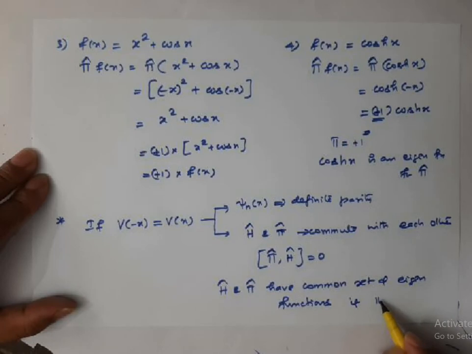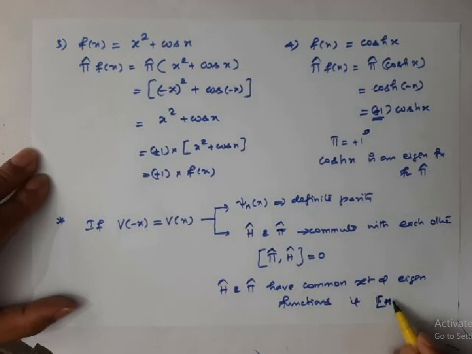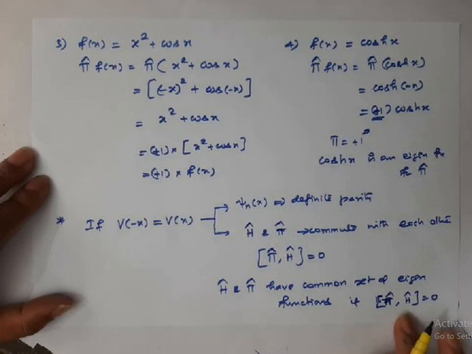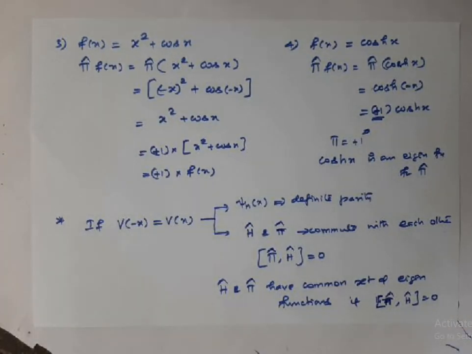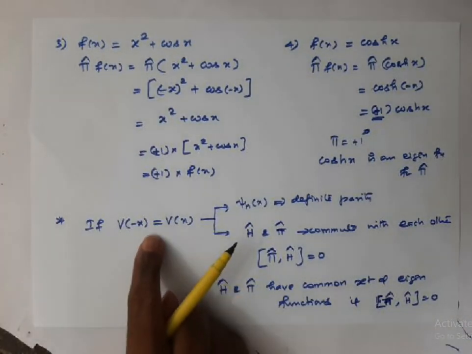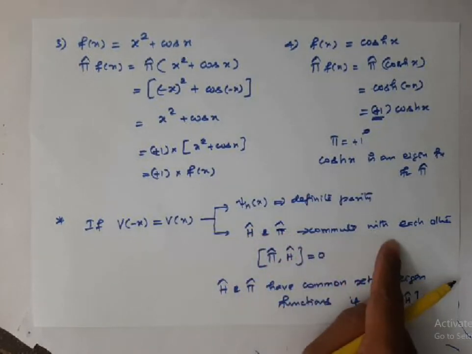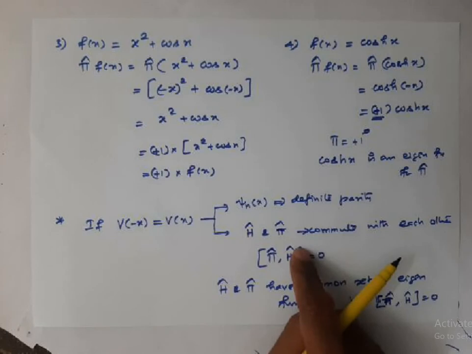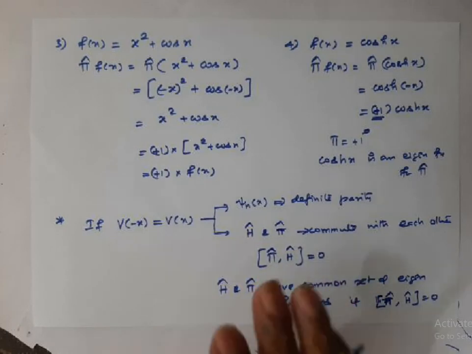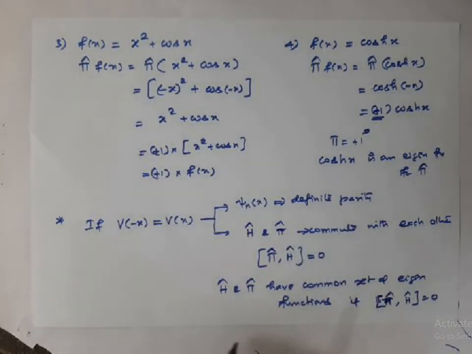If this commutator is 0, then they have a common set of eigenfunctions. So if the potential energy is an even function, these two operators commute with each other, and they have a common set of eigenfunctions. This is another important piece of information you should keep in mind.